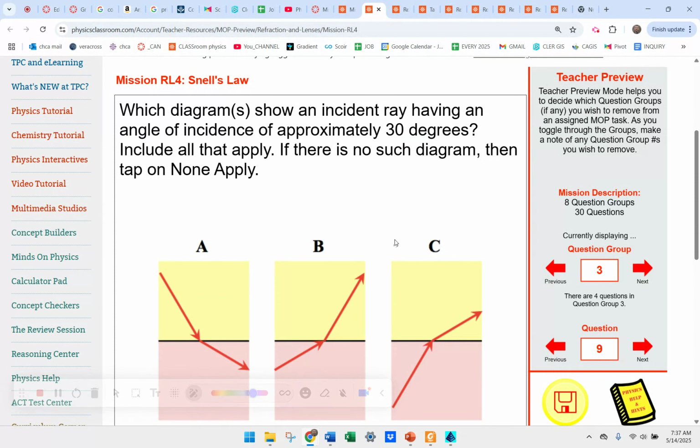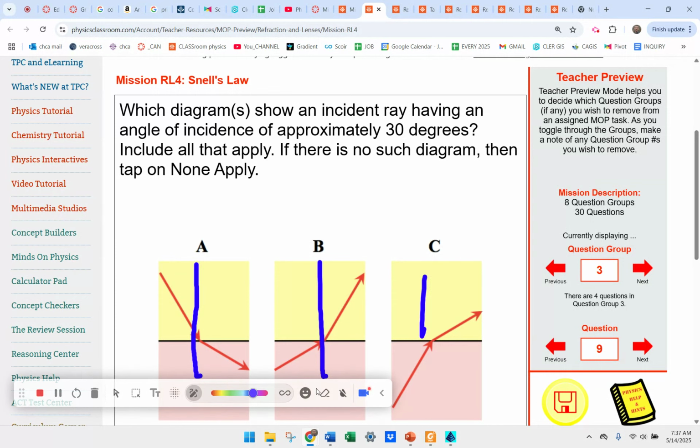And to know which one is incidence versus 30, the first thing I would do is I would always draw a picture of this, and I would make sure and draw that normal line on these. So you remember there's a normal line. Okay, that's a horrible drawing of that normal line. Something like that.